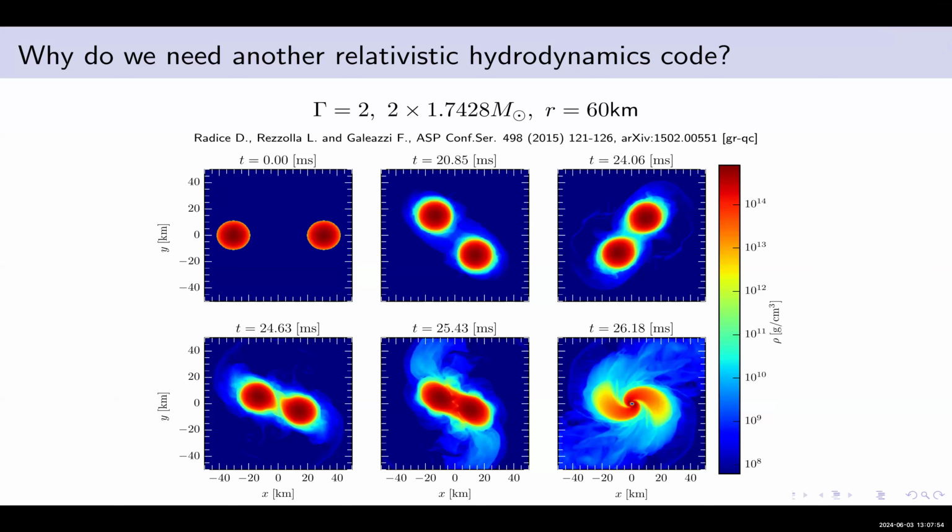Not to shame anybody, but this is just a plot I found in a paper, and any Eulerian code could produce something similar, where you have a binary neutron star as initial data, and then as soon as you start evolving it, because of this atmosphere and the problems at the neutron star surfaces, you start to see some material between the neutron stars.